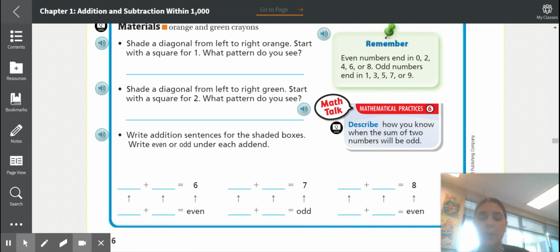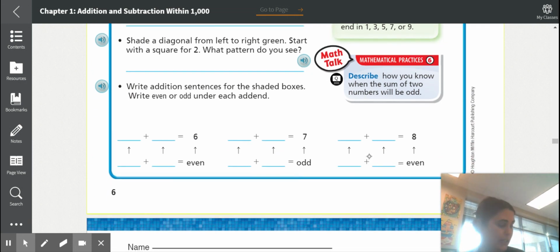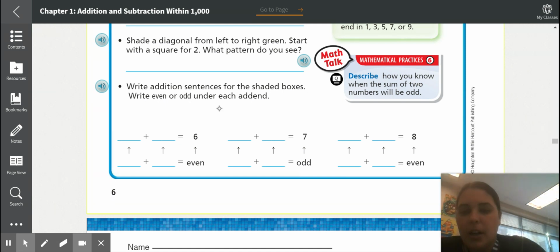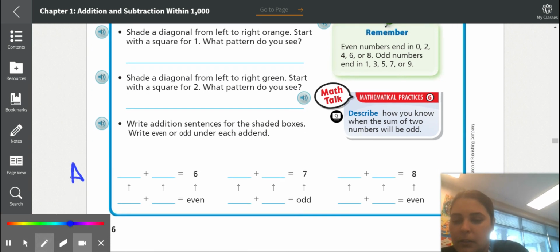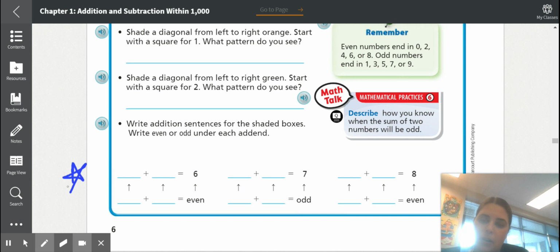And I want you to go to the bottom of page 6. The bottom of page 6, right here. Okay, we're going to start down here at the bottom. So what we need to do here is think of two numbers that when we add them together, we get the answer 6.